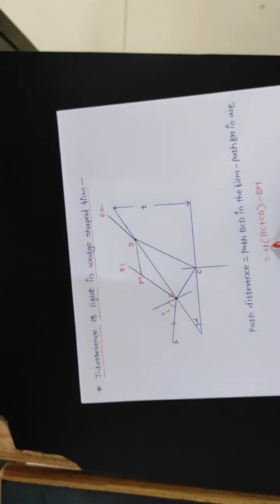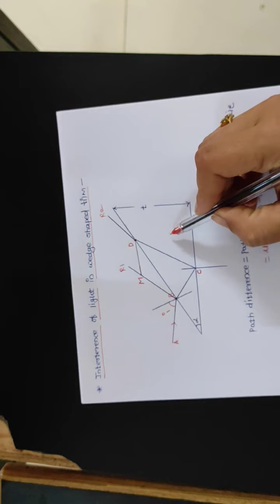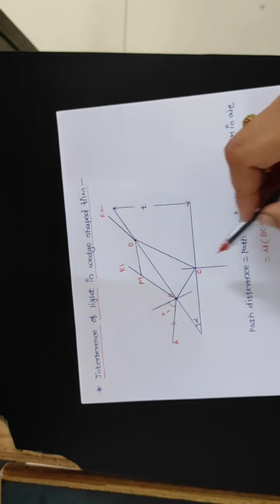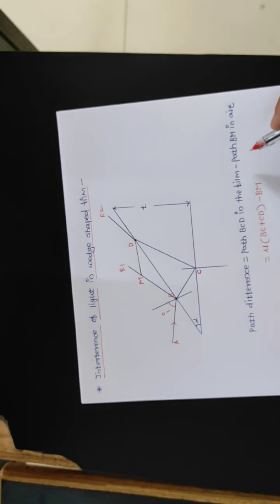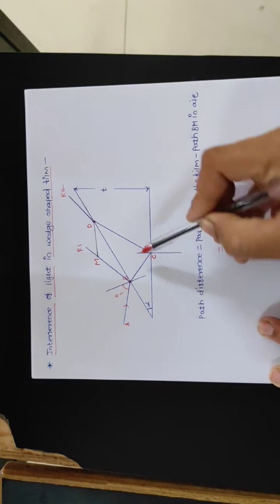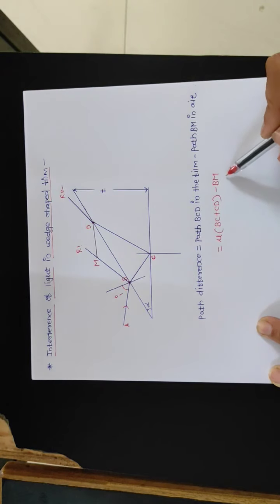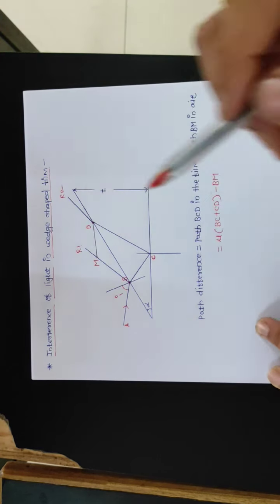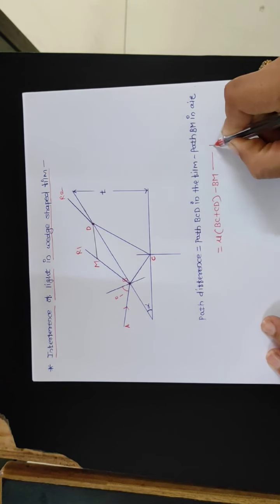Here mu indicates the refractive index of the film, or we can say this is the refractive index of the denser medium, and for the air medium the refractive index is 1. Here BM is the path produced in the air medium. Give this equation number 1.